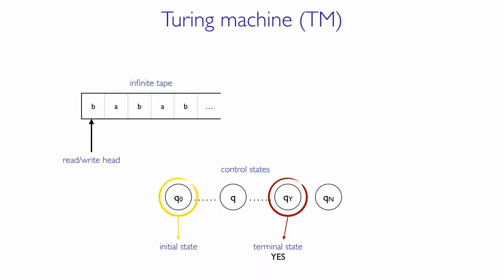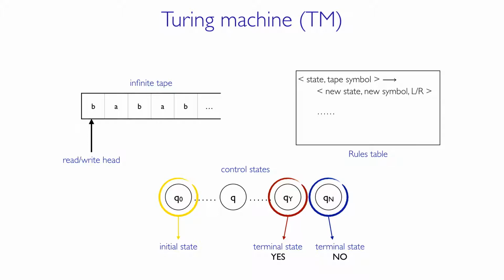Then there are two terminal states where the computation stops, one corresponding to answer yes, and another one corresponding to answer no. As a result, the model we are describing here can only produce a binary output, either yes or no, 1 or 0. Of course, extensions of this model can output more general strings of symbols, but they are outside the scope of these lectures.